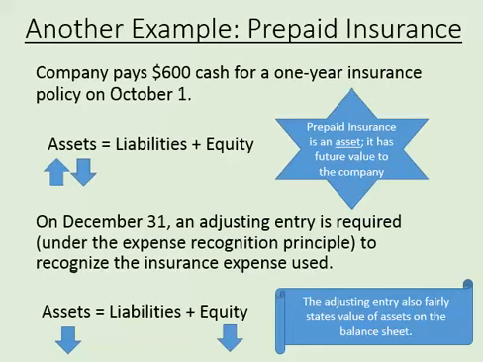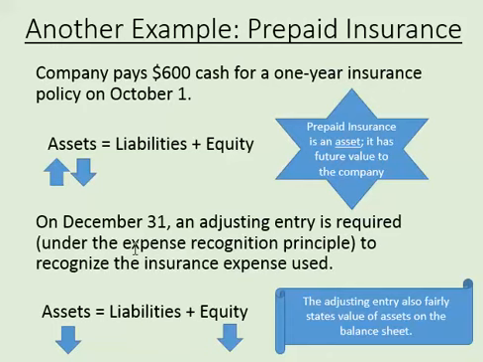So we're going to record that transaction when the policy is purchased as an increase to prepaid insurance, an asset account, and we'll also record the decrease to cash. And so in this initial transaction, you can see that after we record the transaction, our accounting equation is still in balance.